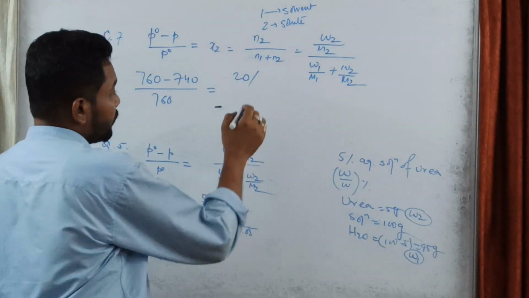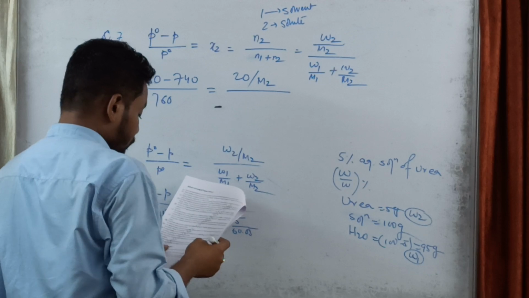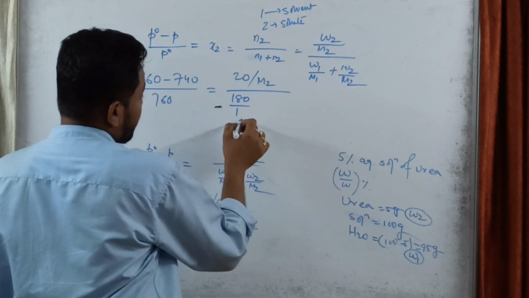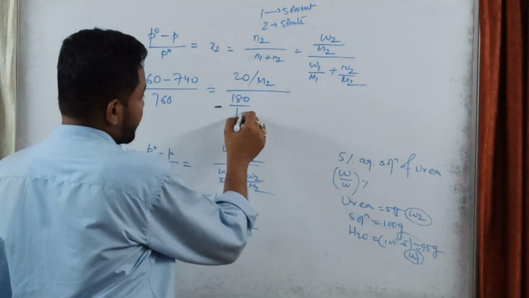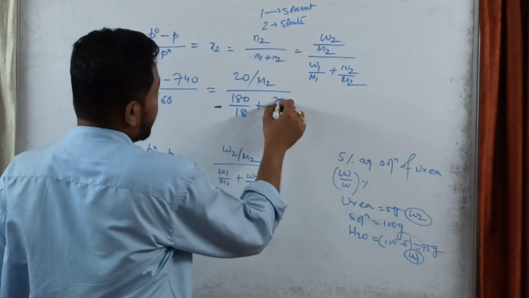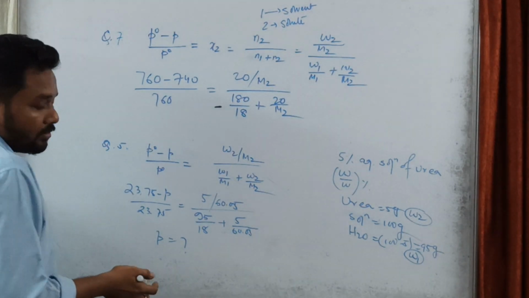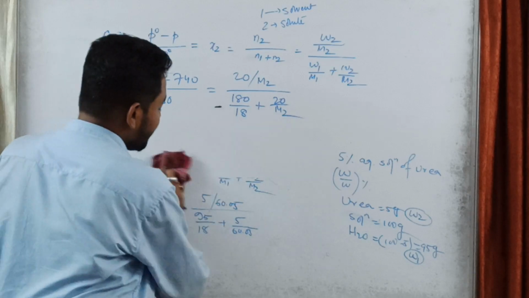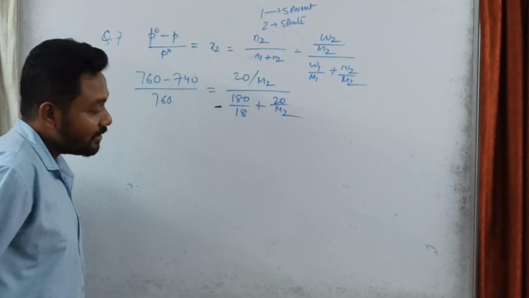And the molar mass you need to calculate, M2, divided by W1. It is given 180 gram of water. So 180 by 18 for water, plus 20 by M. You can easily calculate it. Here the calculation is very easy, so I can do it. You can also do it here. Acha.